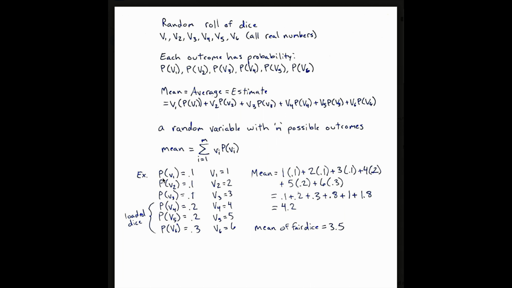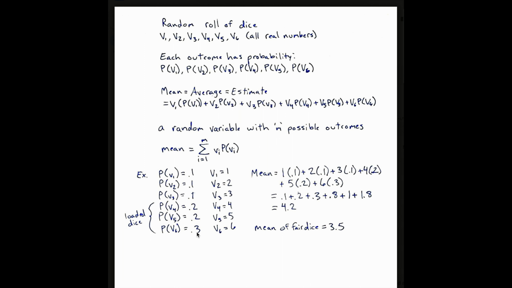So let's demonstrate this with an example. This is going to be for a loaded die, an unfair die, which means that each possibility is not equal. We'll say the probability of a 6, V6, is 0.3.